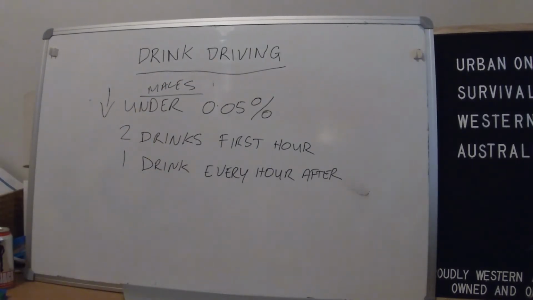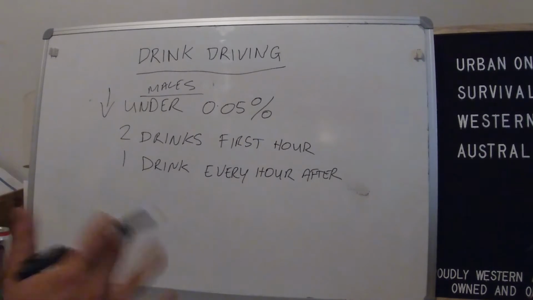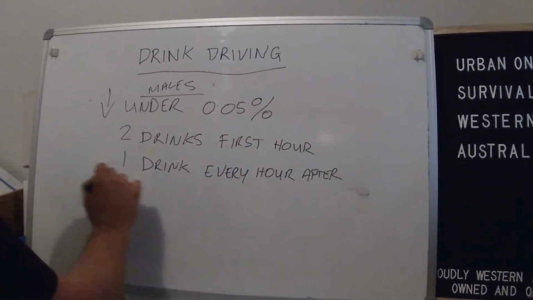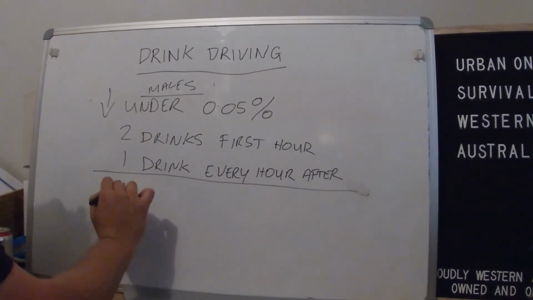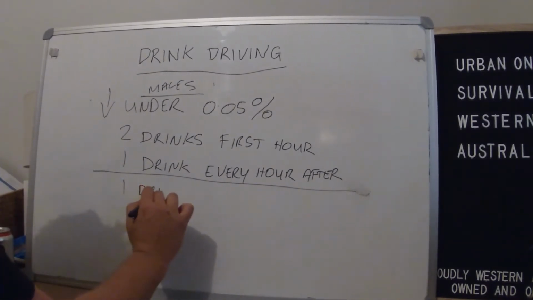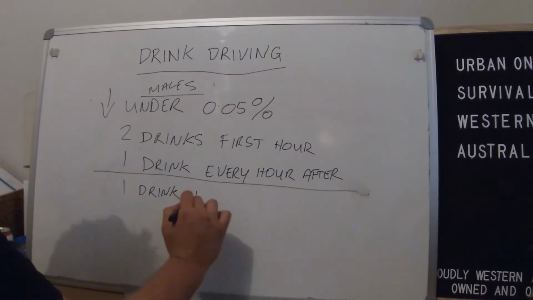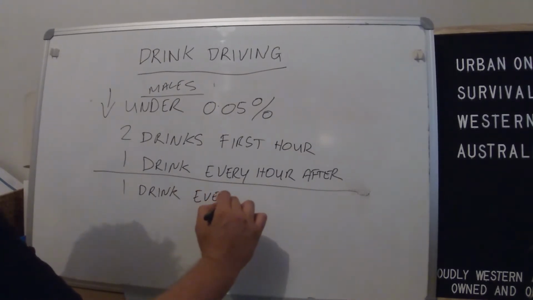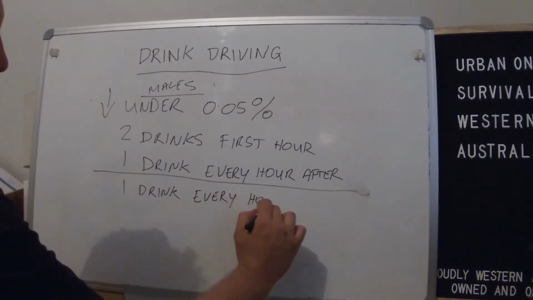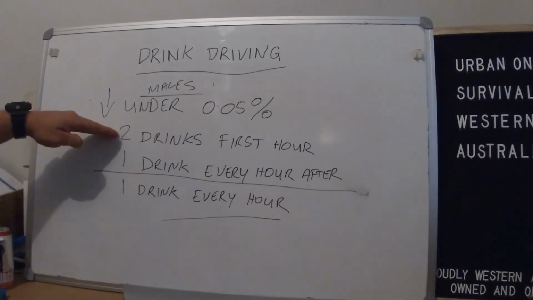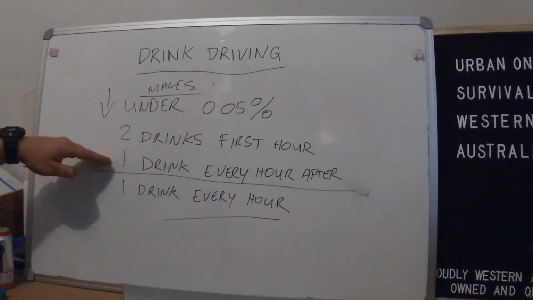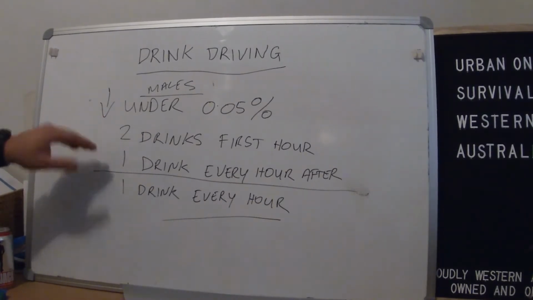For females, it's similar, but to stay under 0.05, it's 1 drink every hour. Only 1. 1 drink every hour. 2 drinks for the first hour for a male, 1 drink every hour after, or less.